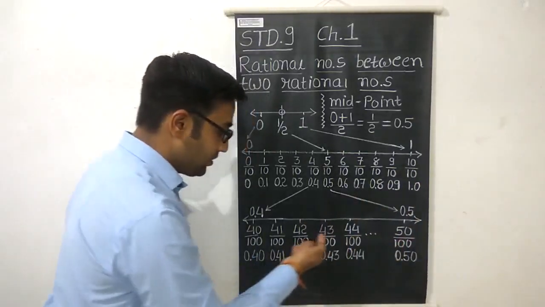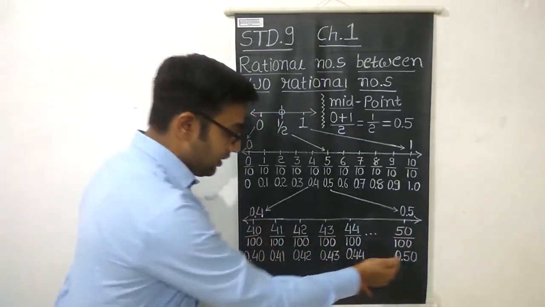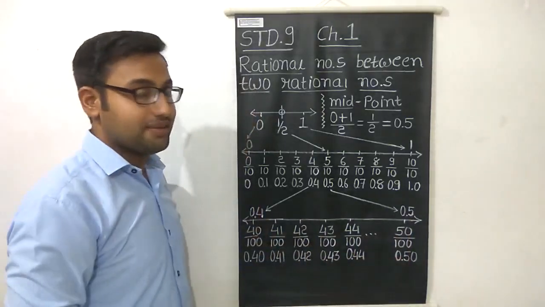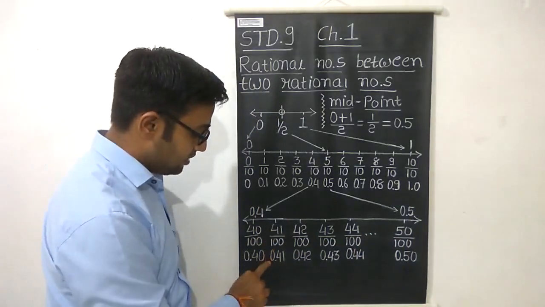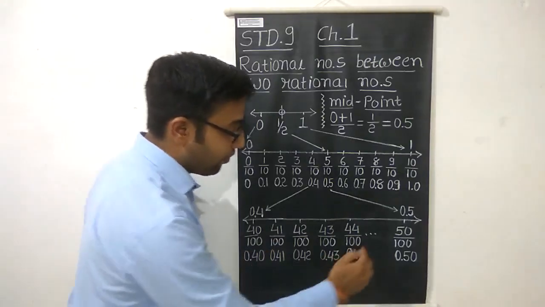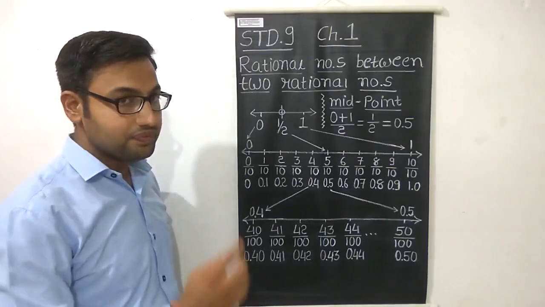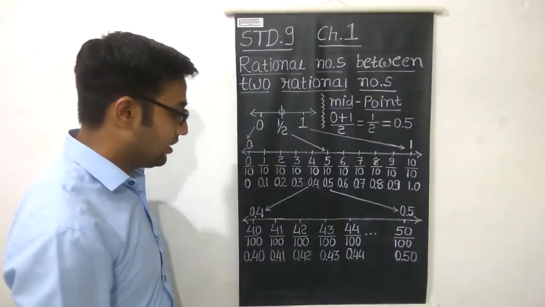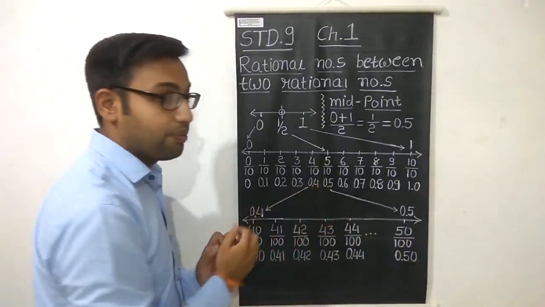So this is the representation in the rational form, and here is the representation in the decimal form. So 40 upon 100 means 0.40. This is 0.41, 0.42, 0.43, 0.44, and the last number we will get is 0.50. So now see here, these 10 numbers are between 0.4 and 0.5.